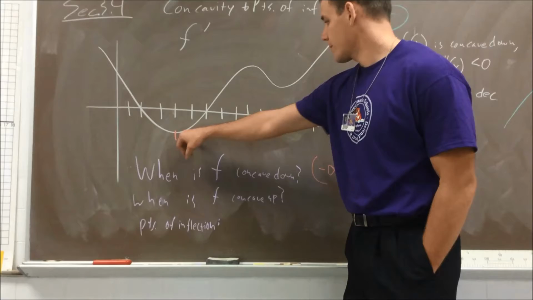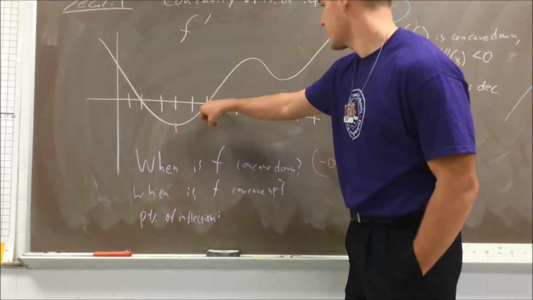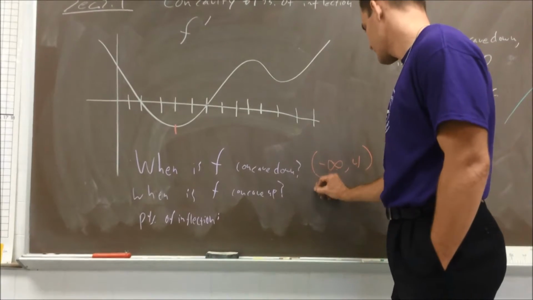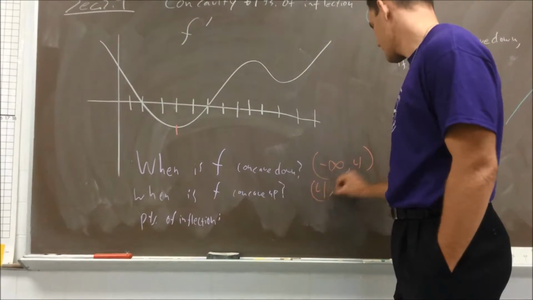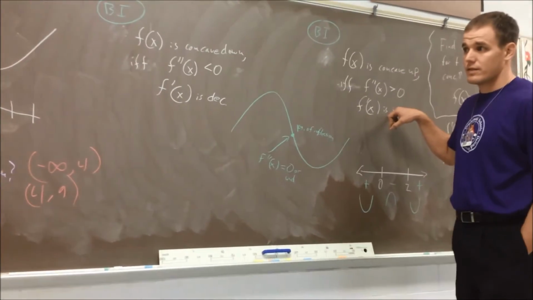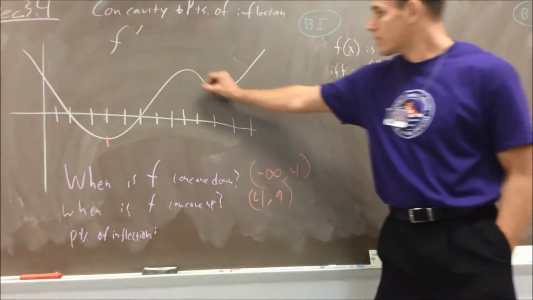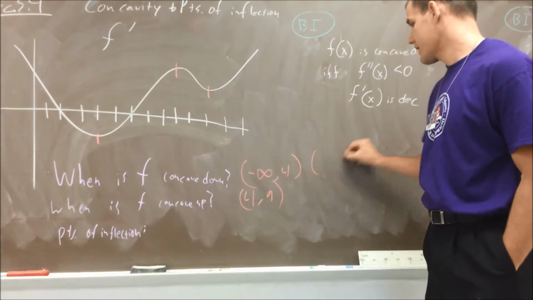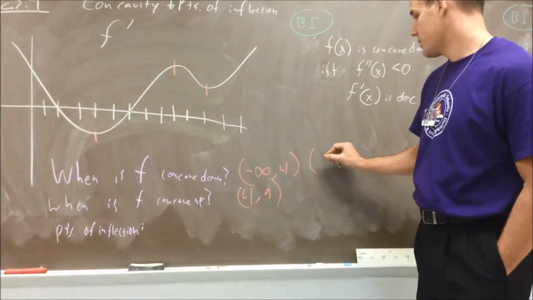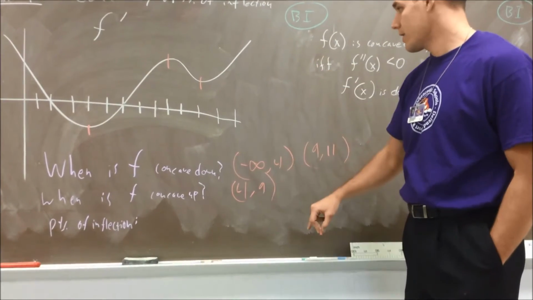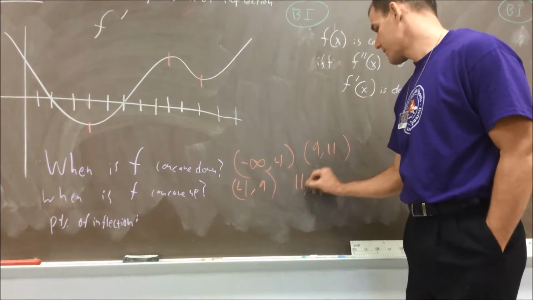It was increasing from 4 to 5, 6, 7, 8, 9. F prime of x is increasing. It was decreasing for here to here, 9 to 11. Then it's increasing again from 11 to infinity.